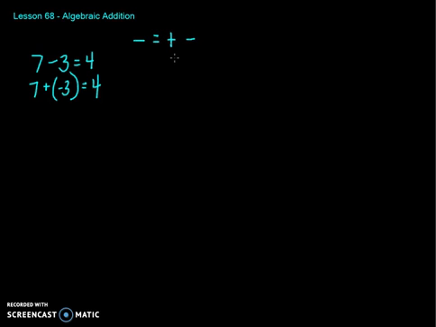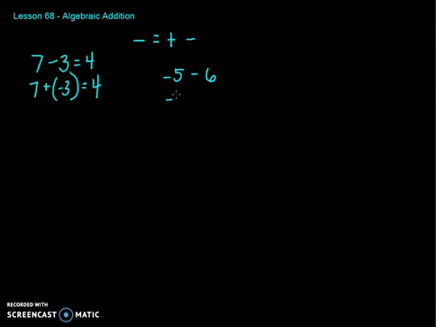That's really important because let's say we have something like negative 5 minus 6. Well, we can rewrite this so it's addition.